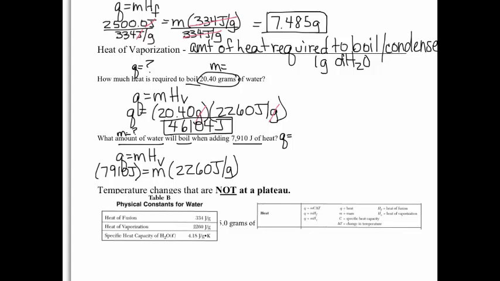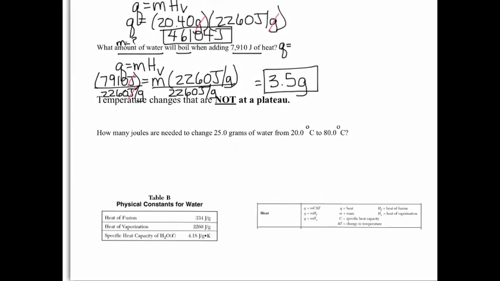In order to get the M alone, we'll divide each side by 2,260 joules per gram. Our joules cancel out. We get 1 over gram, which is just grams. So we do the math, 7910 divided by 2260, and you get 3.5, and not forgetting our units, grams. So that's how you would do any questions having to deal with those plateaus.